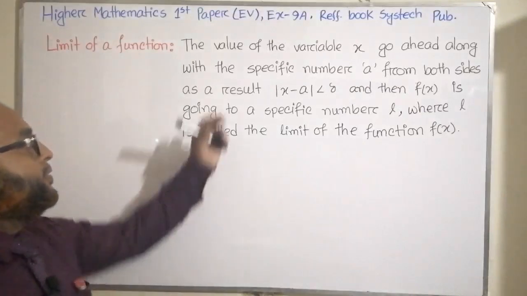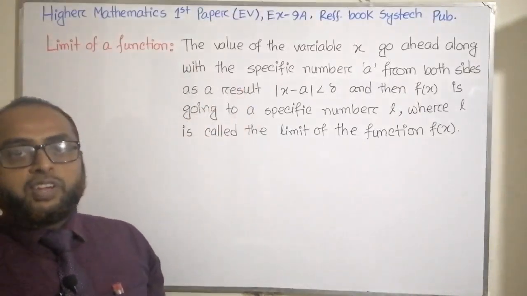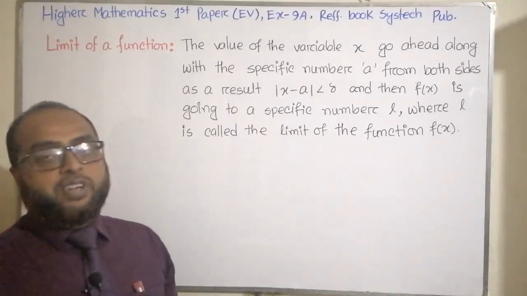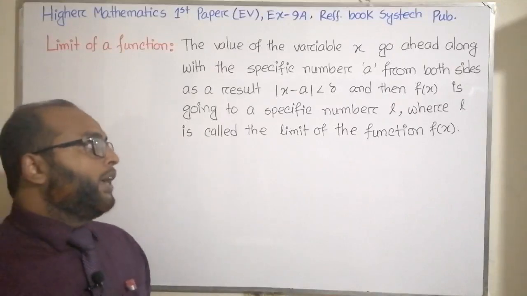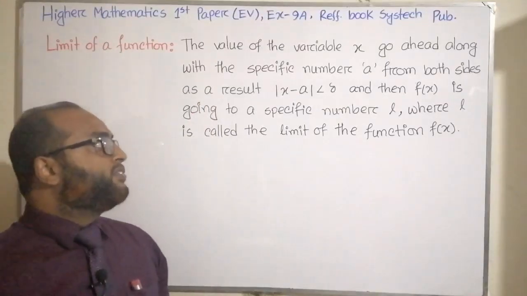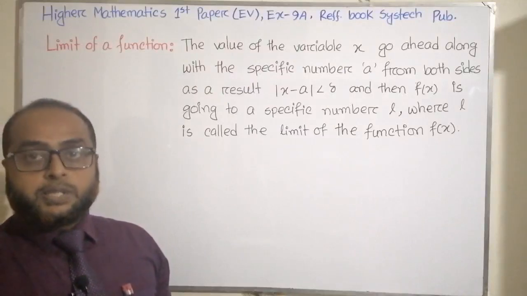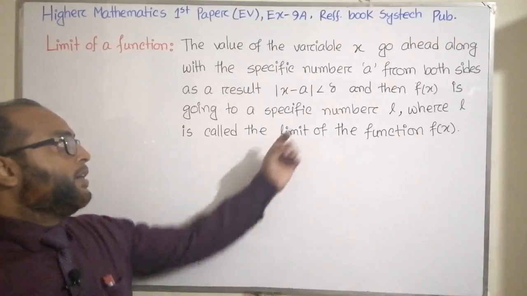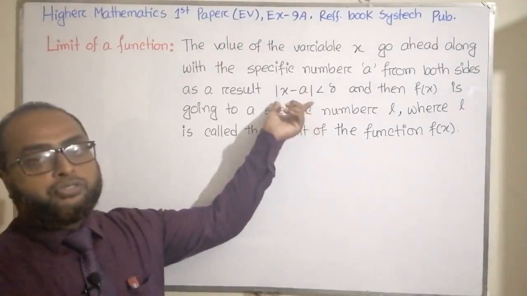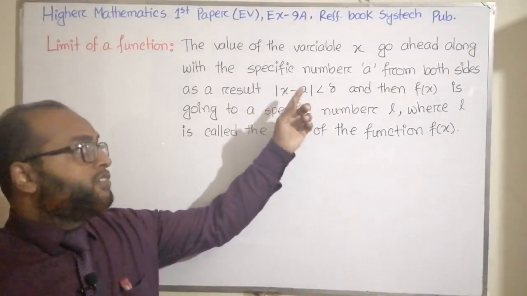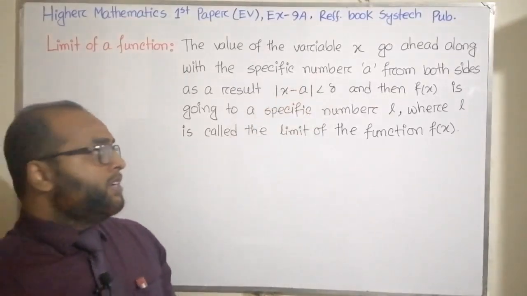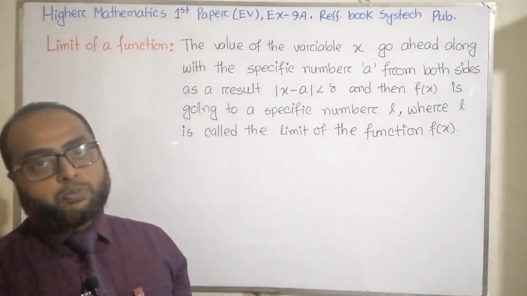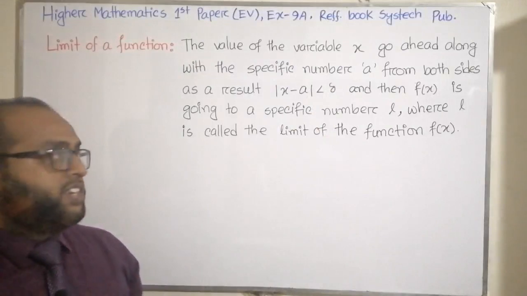Here, this is the definition of limit. Limit of a function. The value of the variable x goes along with a specific number a, from both sides, so that the absolute value of x minus a, that means the difference between x and a, is smaller than delta, where delta is a very small quantity.